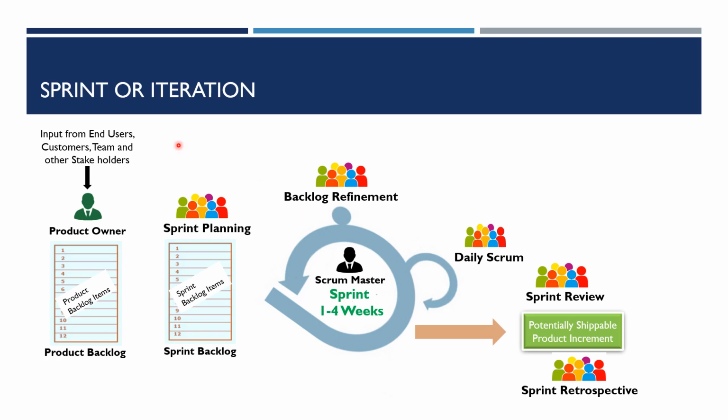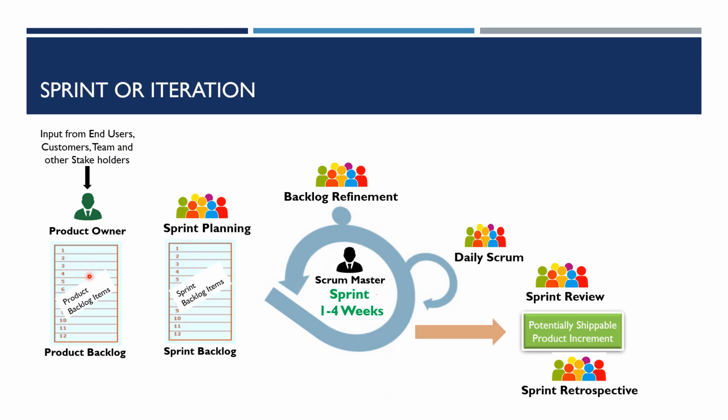This is the sprint cycle or an iteration. This is everything that happens in a sprint from end to end. This is really the crux of Scrum, right? The product owner who owns the product backlog keeps working with the end users, customers, and various other stakeholders and gathers the requirements, documents those requirements into the product backlog.